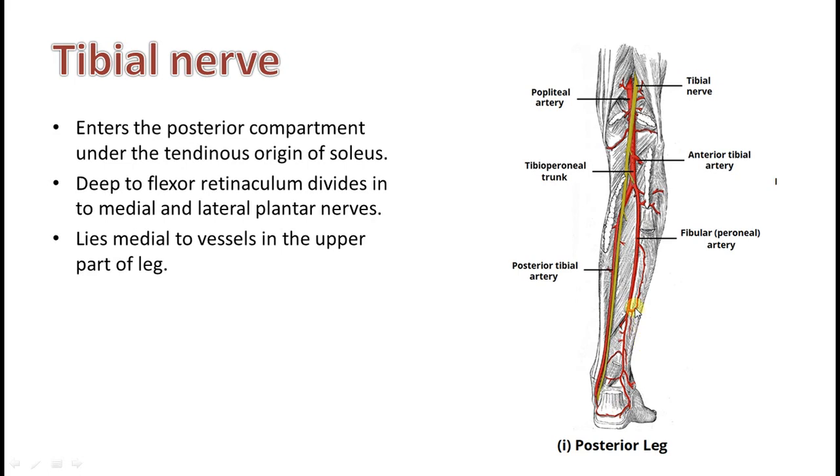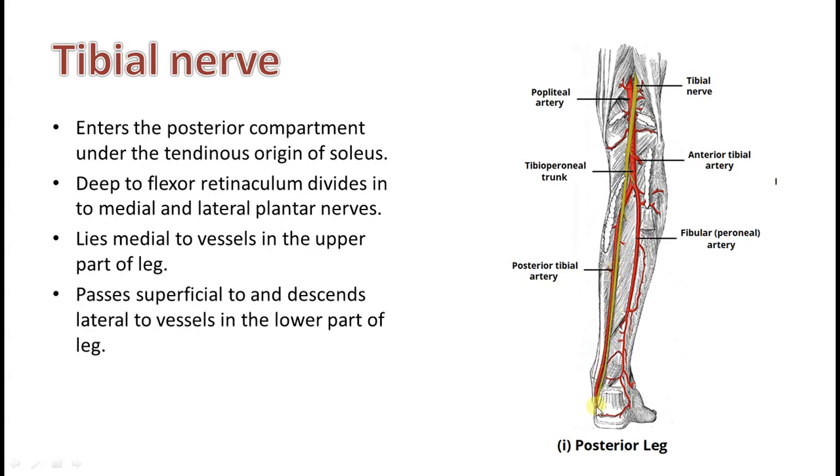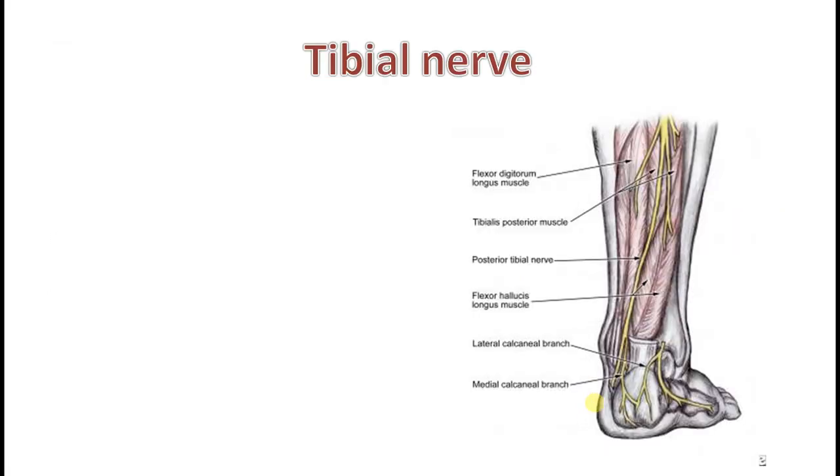It lies medial to the vessels in the upper part but crosses superficial and lateral to the vessels in the lower part. It divides into medial and lateral plantar nerves at a lower level than the arterial division.